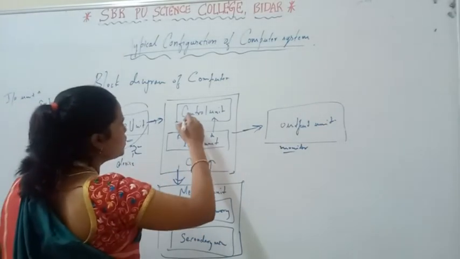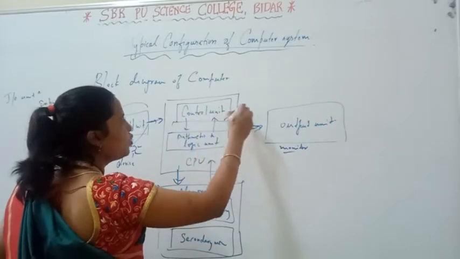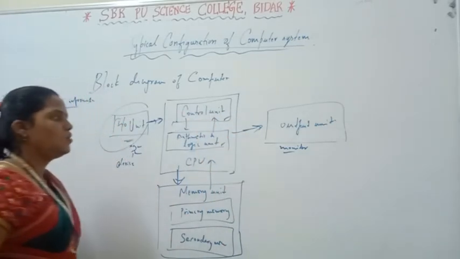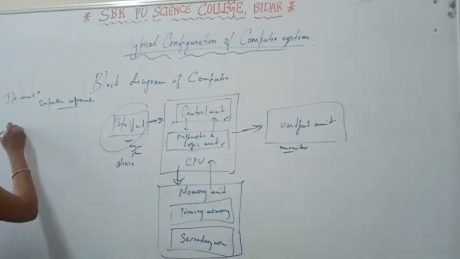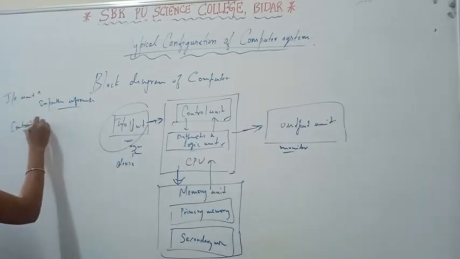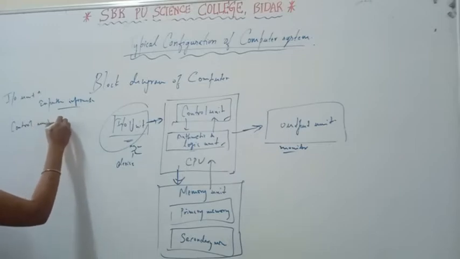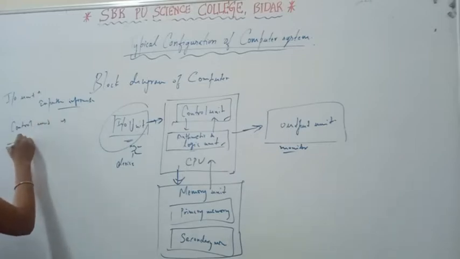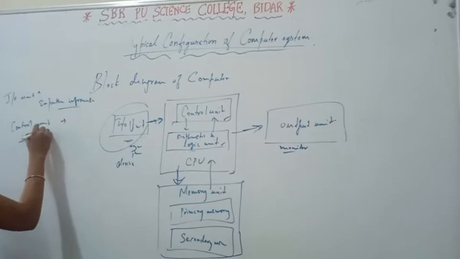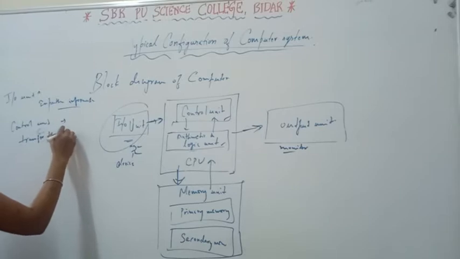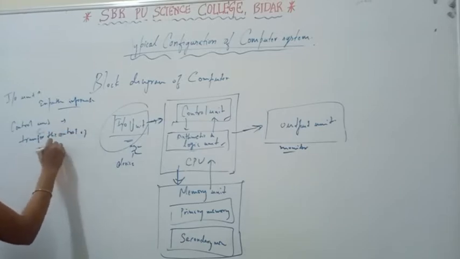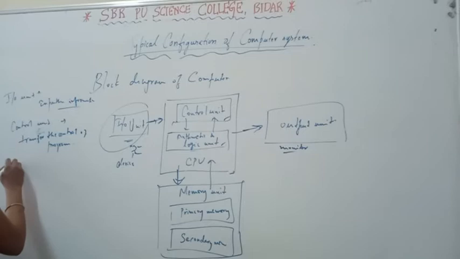Okay. So next, what is a CPU? It includes two main units, that is a control unit and an arithmetic and logical unit. Okay. So control unit में क्या होता है? The control unit controls and directs the transfer of programs. What happens in the control unit is it transfers the control of programs.